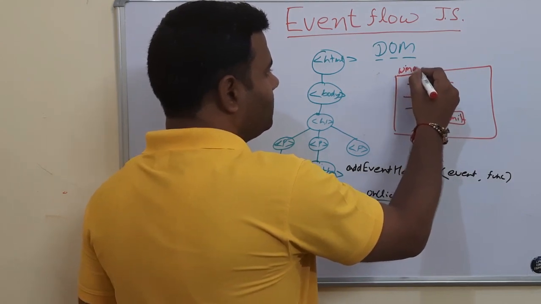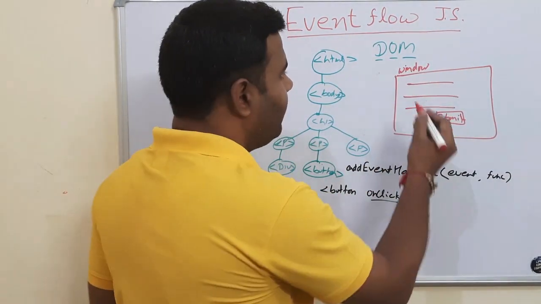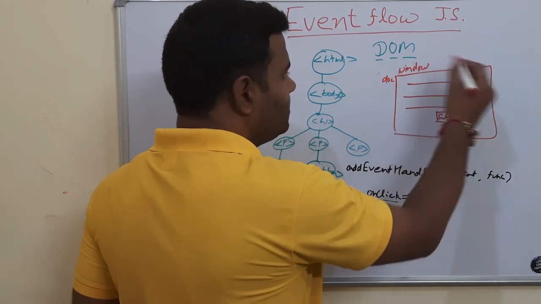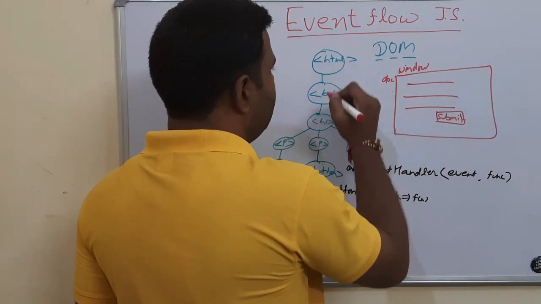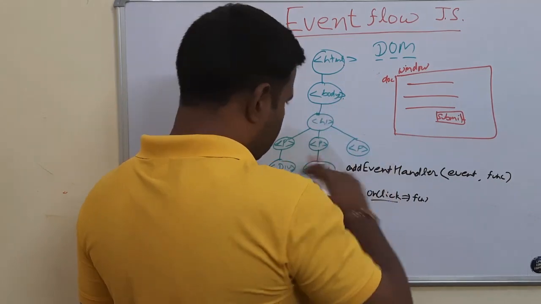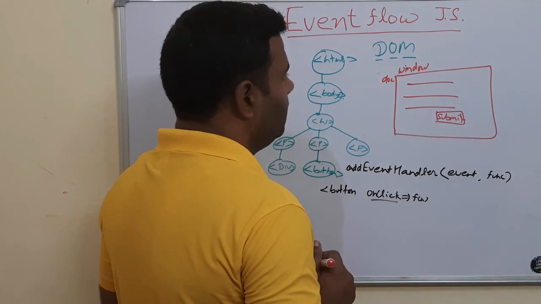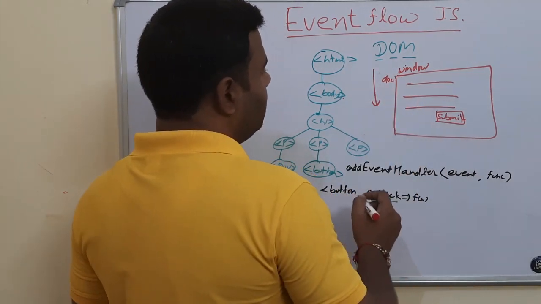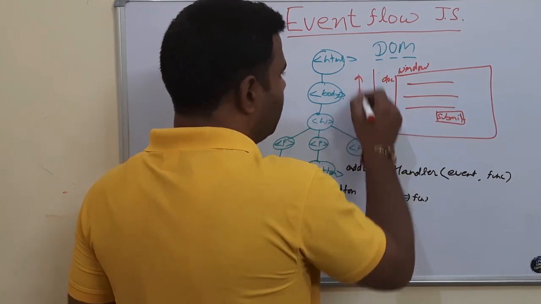The window object, the browser window, and then it can have a document, whatever is loaded in this window, and then we can have HTML, the body, then further children of that particular DOM. So the event can flow from top to down, right? Or another flow is from bottom to top.